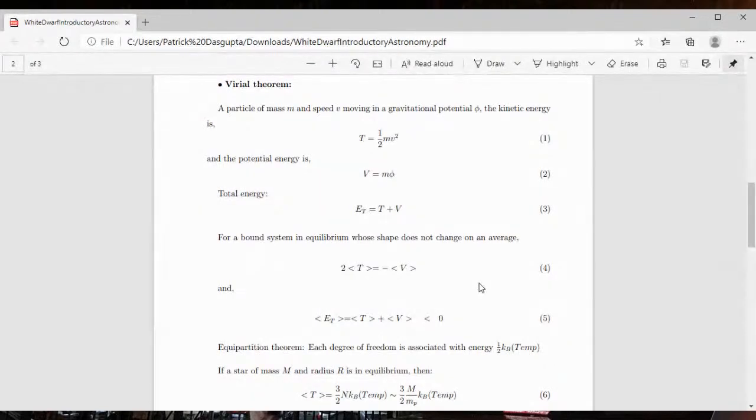Now, let's come to the thermodynamical system, because we are talking about stars, and stars are hot gaseous systems.